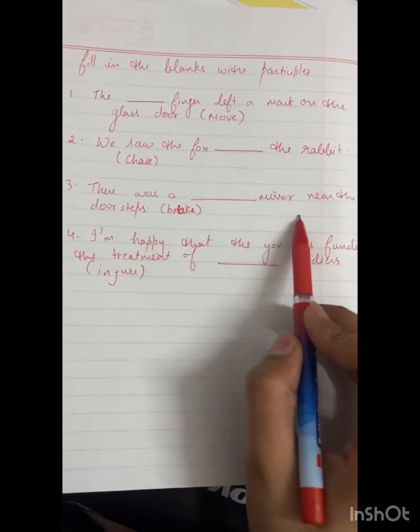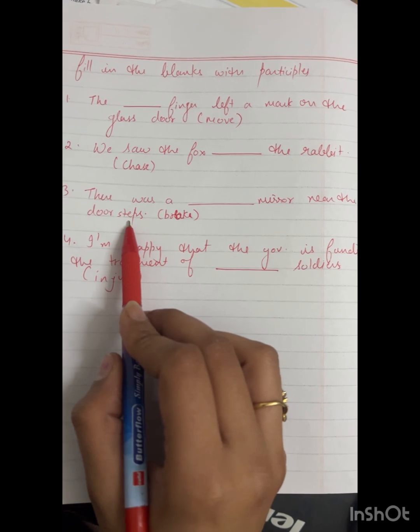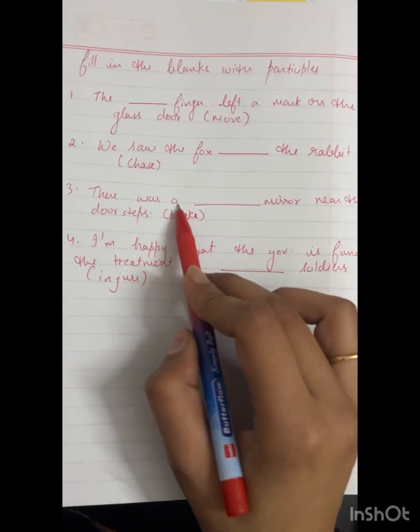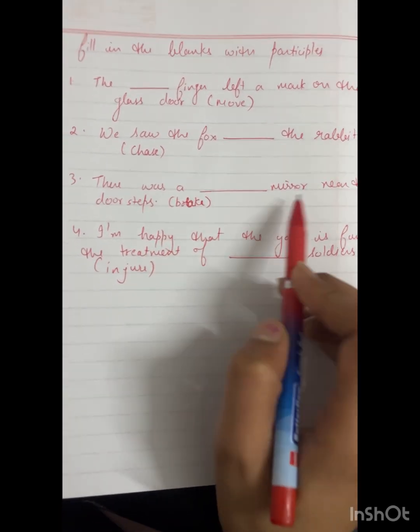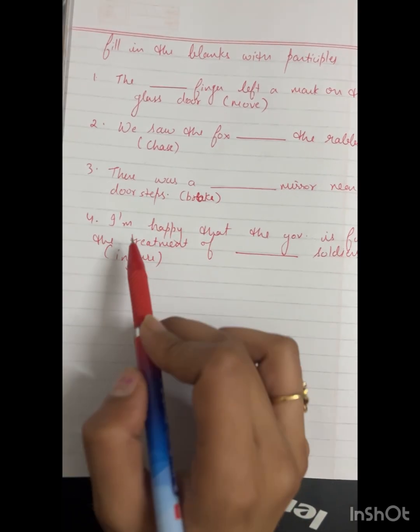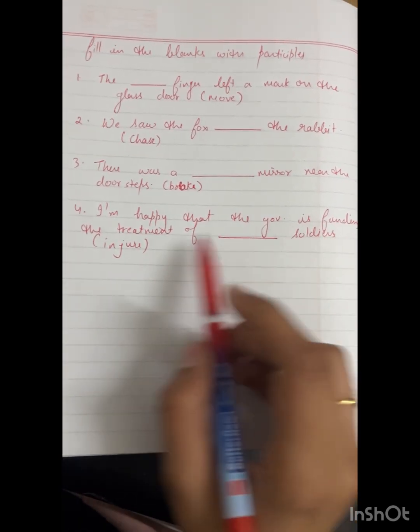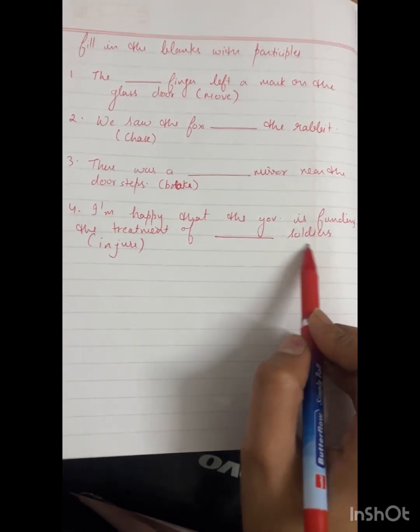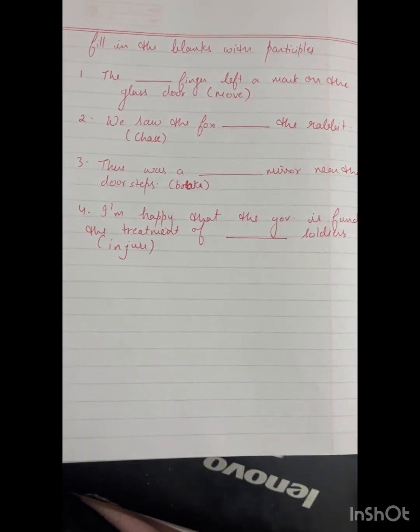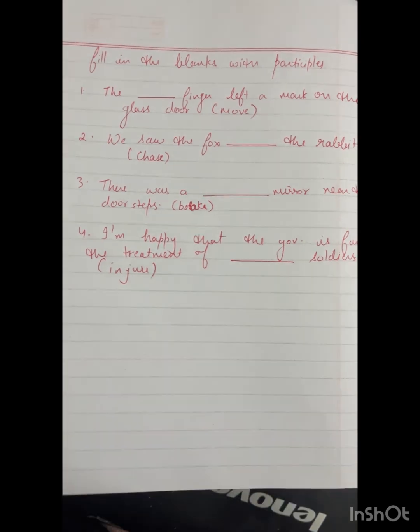There was a dash mirror near the doorsteps. Break. There was a broken mirror near the doorsteps. Now the last one is your homework. I am happy that the government is funding the treatment of dash soldiers. Injure is the verb which is given to you.